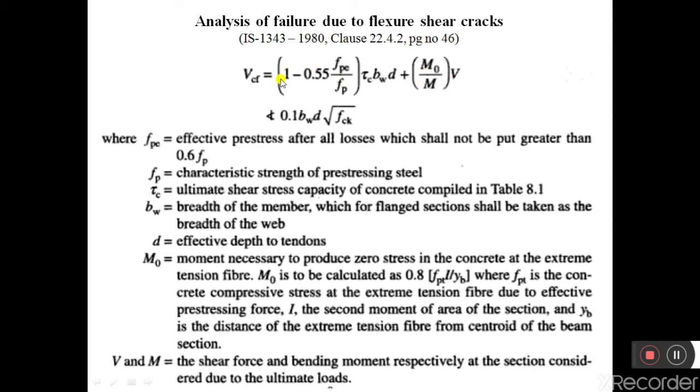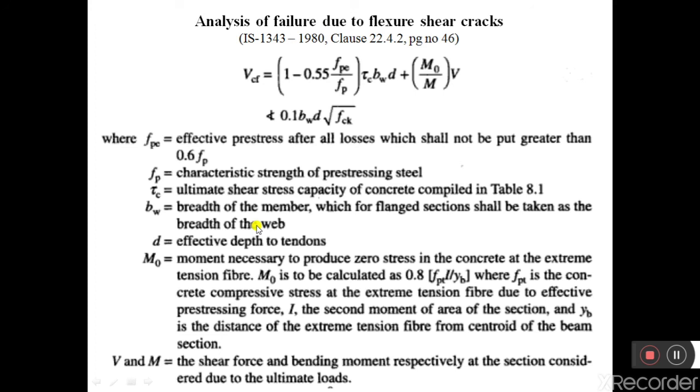It is sufficient if you remember the page number and clause, where FPE is the effective prestress after all losses, which shall not be taken greater than 0.6 FP. FP is the characteristic strength of prestressing steel. Tau C is the ultimate shear stress capacity of concrete, given in table 8.1.